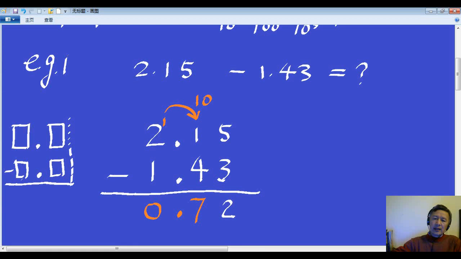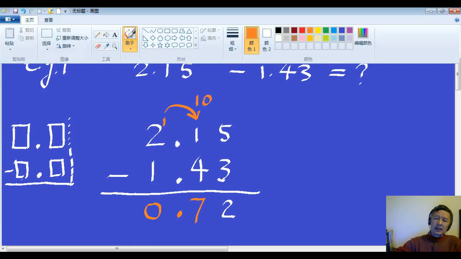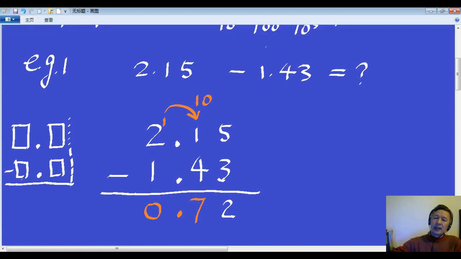Interestingly enough, I noticed that students are doing this problem using a slightly incorrect method. Same problem, we just write 2.15. This actually comes from a real case, where a student performed a subtraction.